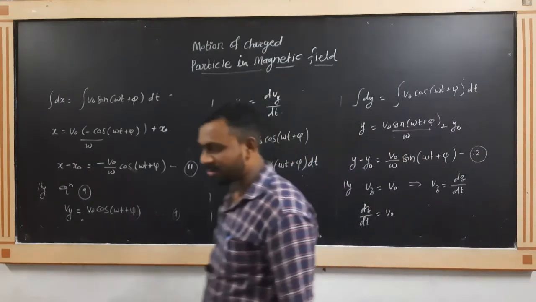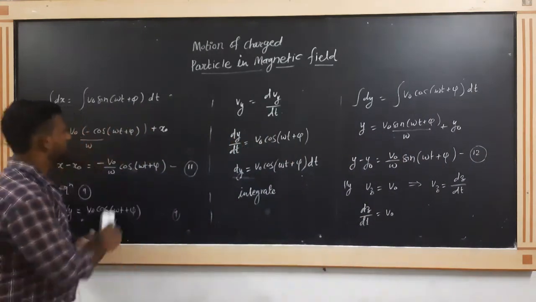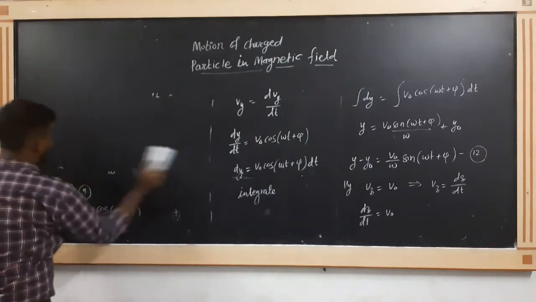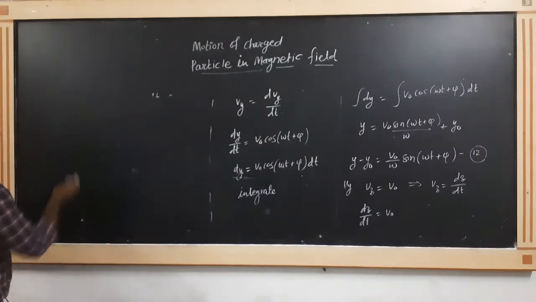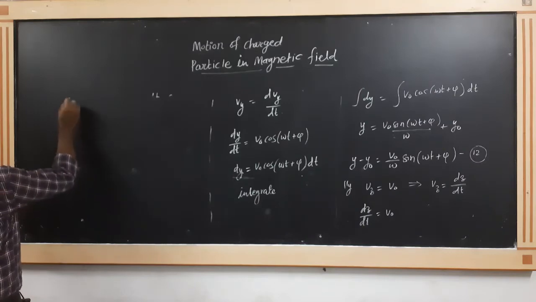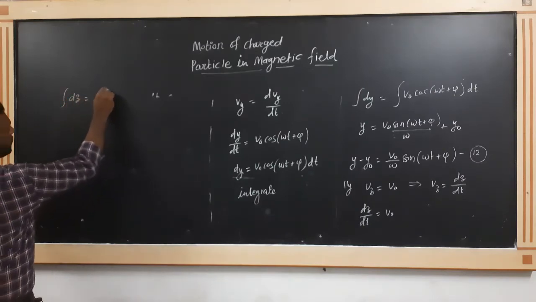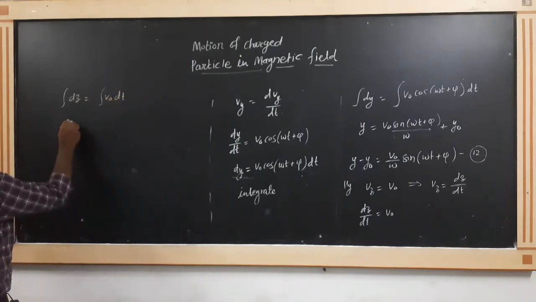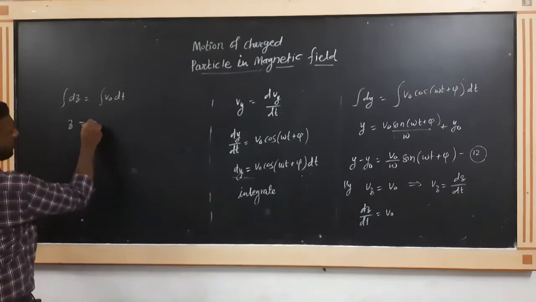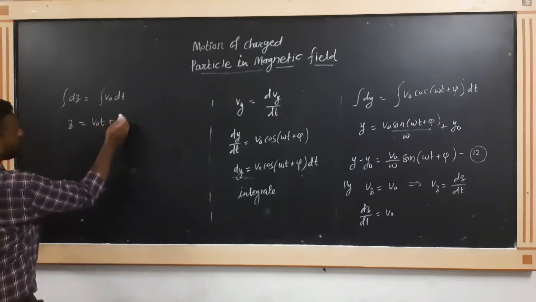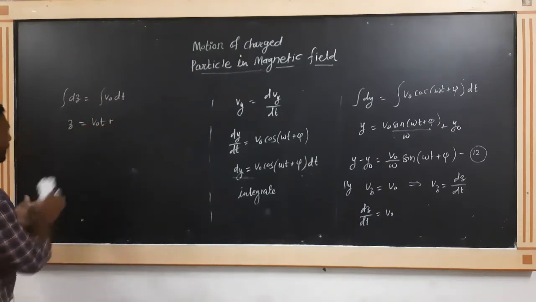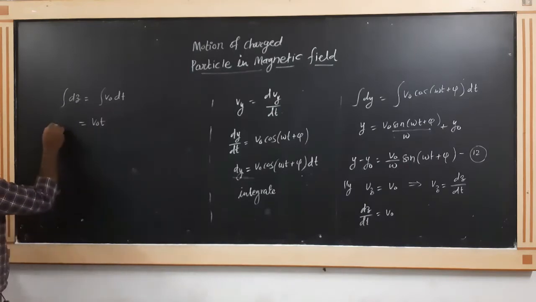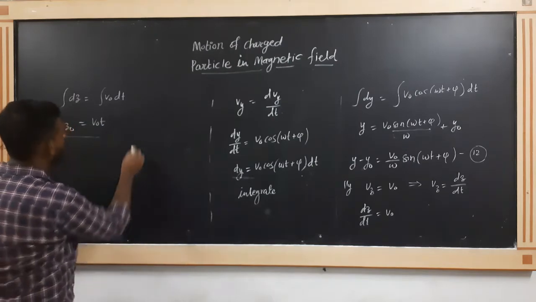Multiply both sides of the equation by dt and take the integration, so dz is equal to v0 dt. So z is equal to v0 t plus some constant of integration, and we directly write this as z minus z0. So this is equation number, let's say, 13.